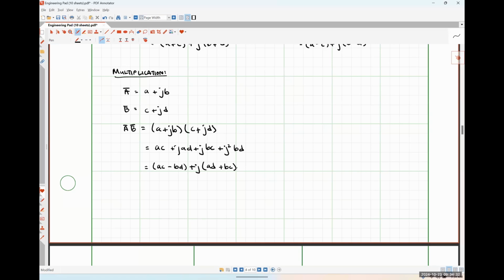Okay. But things are actually a little bit easier for us if we do multiplication using exponential form or polar form complex numbers, okay?